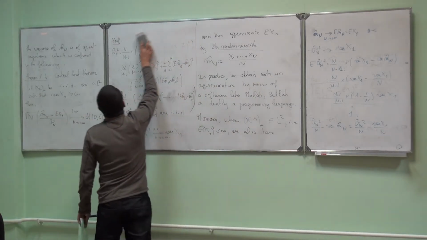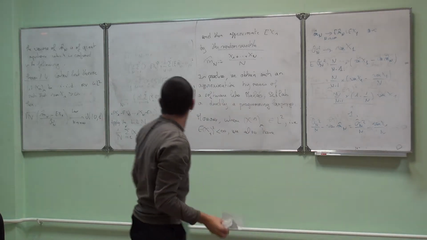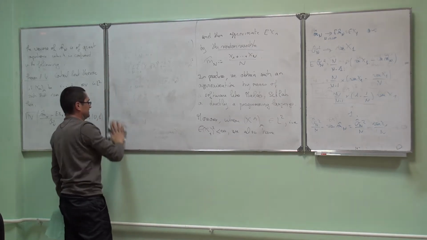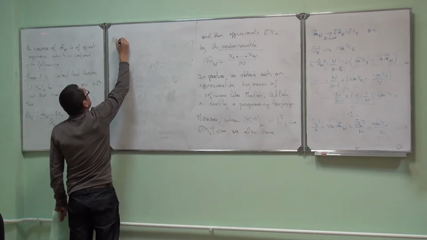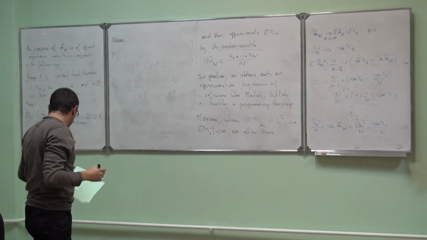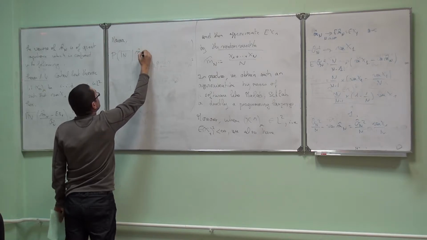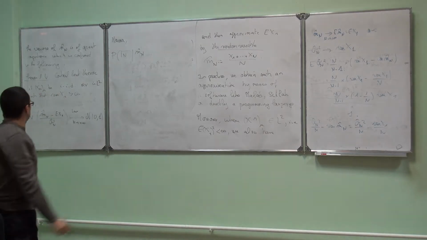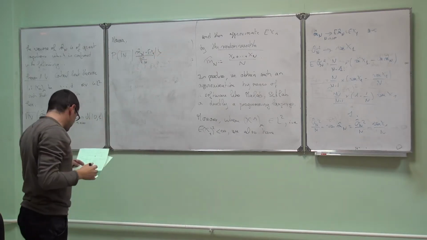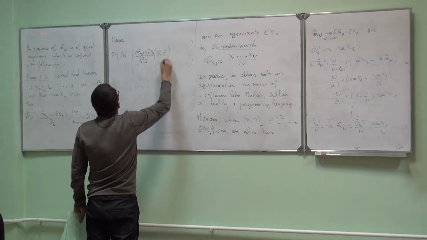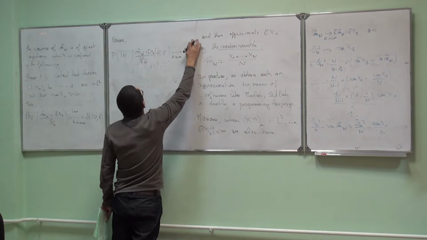Moreover, the probability that this quantity, you take the absolute value, be less than epsilon, converges as N tends to plus infinity to 1 minus alpha epsilon.